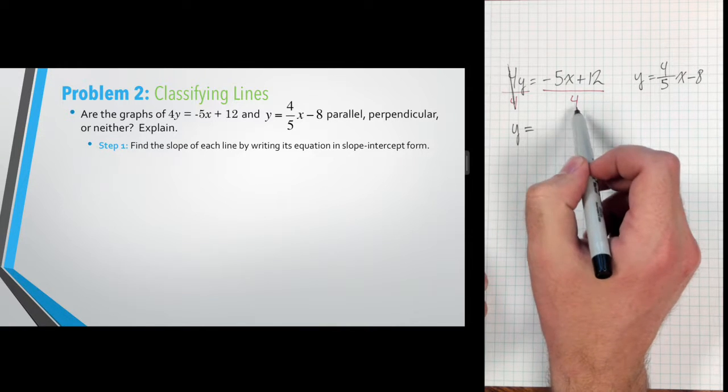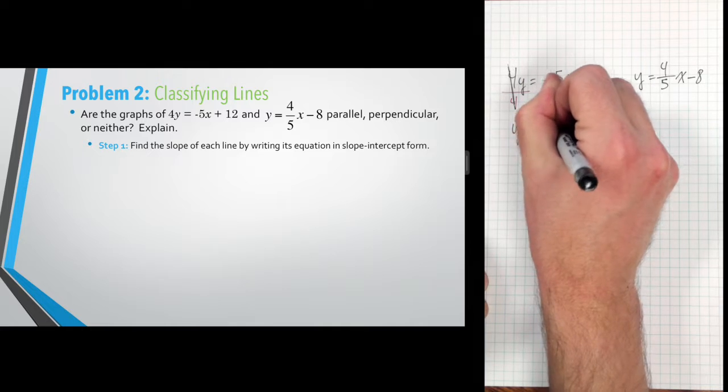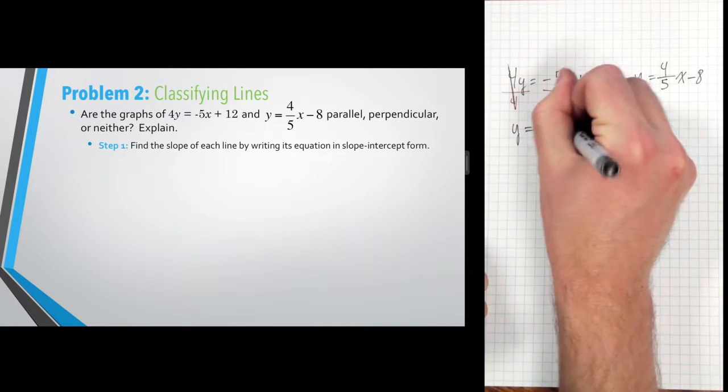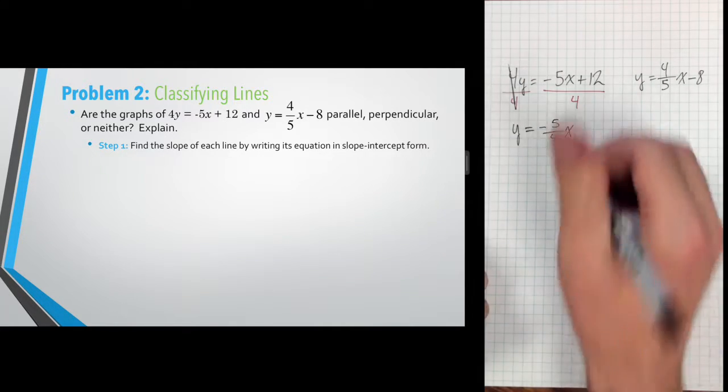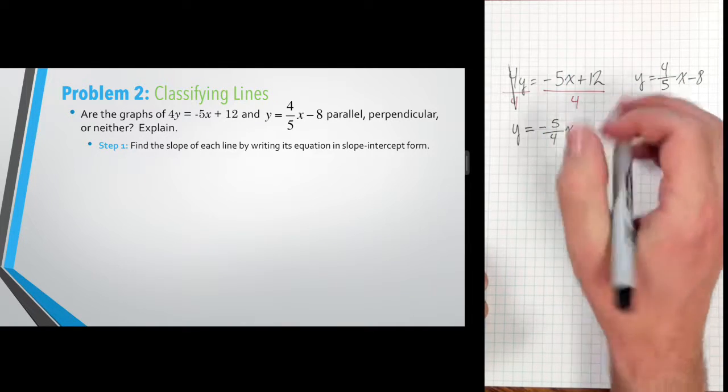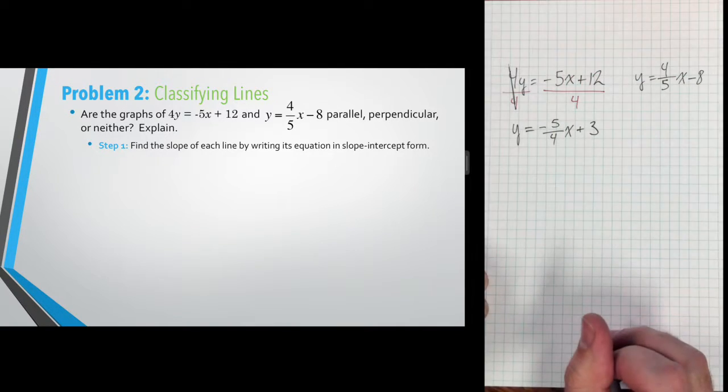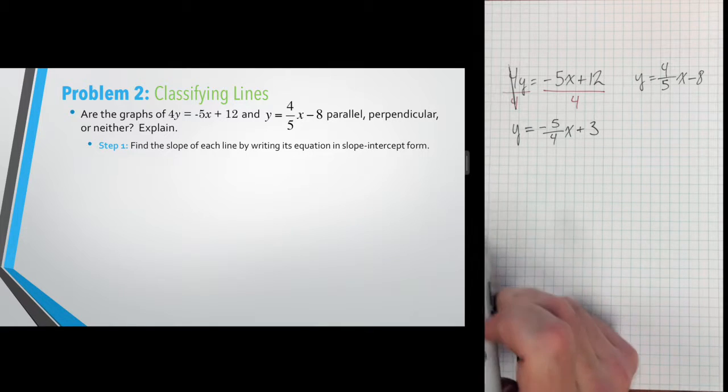So -5 divided by 4 is -5/4 x plus 12 divided by 4 is 3. Now it's in slope-intercept form.